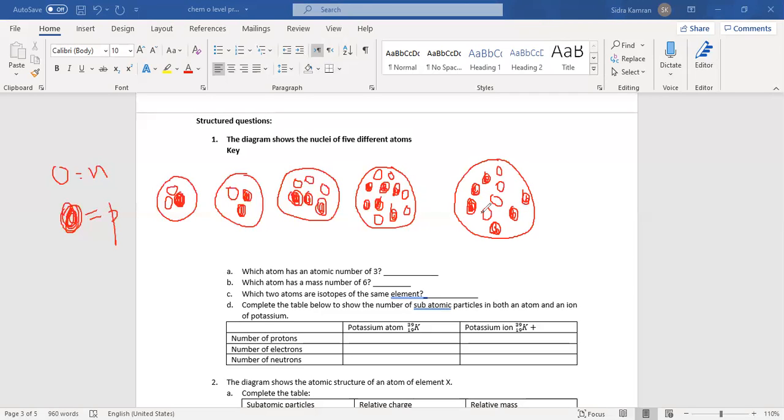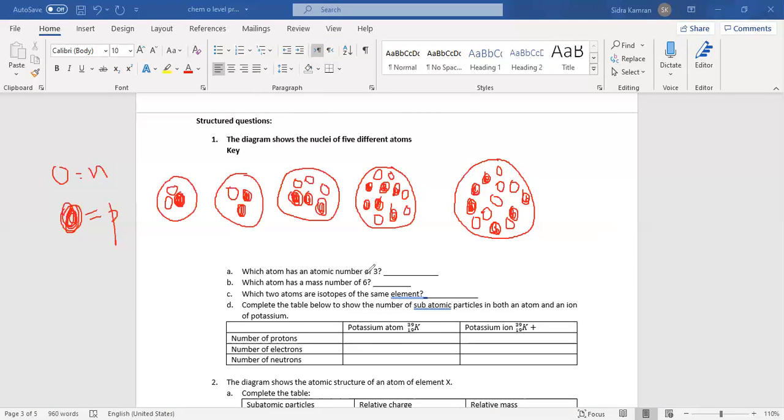So here you can see five nuclei. You have to answer these questions according to these structures.